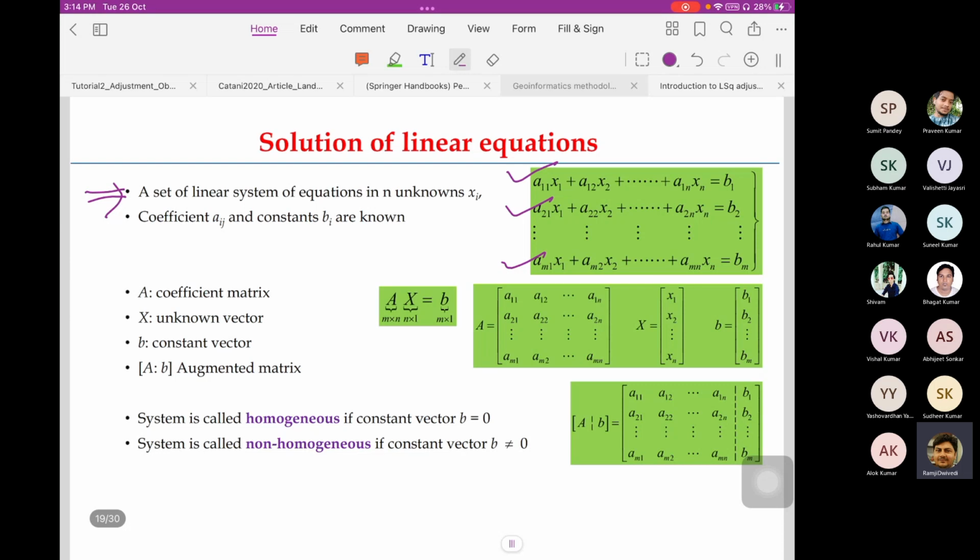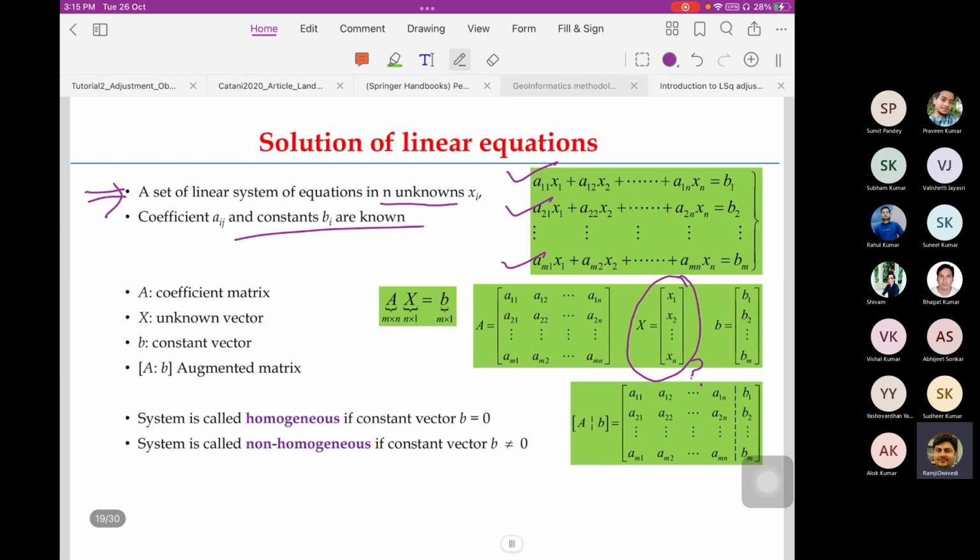We will form such equations, and you will see that these equations will eventually be formed when we discuss certain examples today. A linear system of equations in n unknowns would be given like this, where the coefficients aij and constants bi are known. That would become the linear equation. Our objective is to find x. This is the parameter that we have to find out.